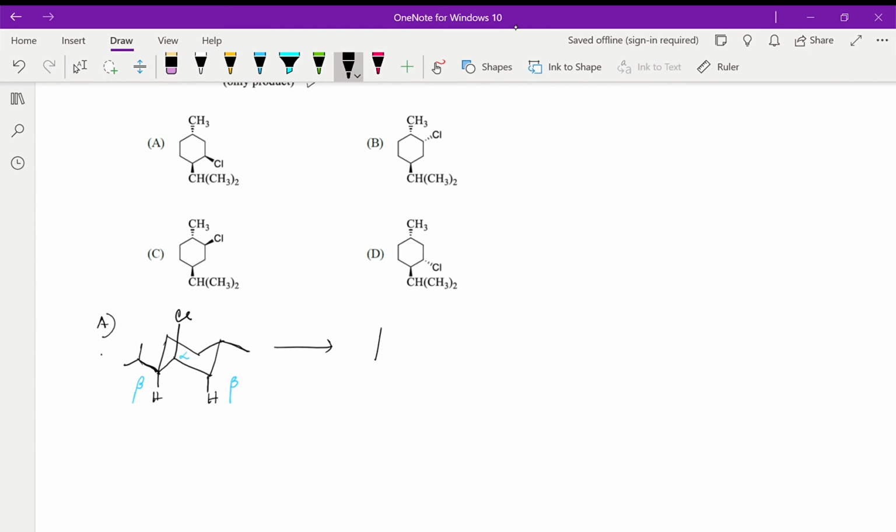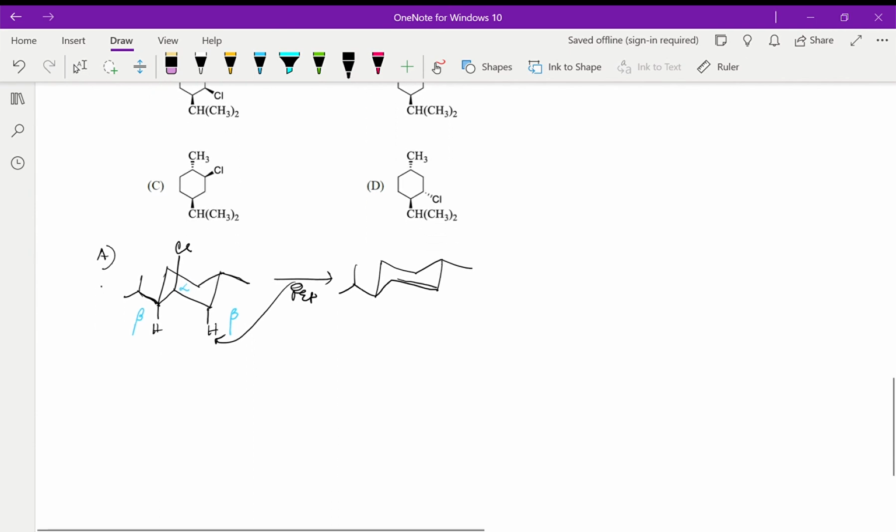So as we can see, if this hydrogen is taken up by the base, then our product is going to be something like that. Okay, that is going to be our product.